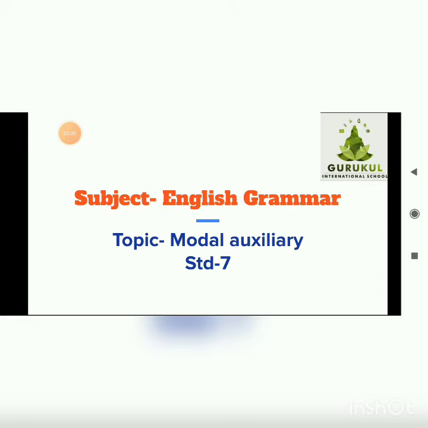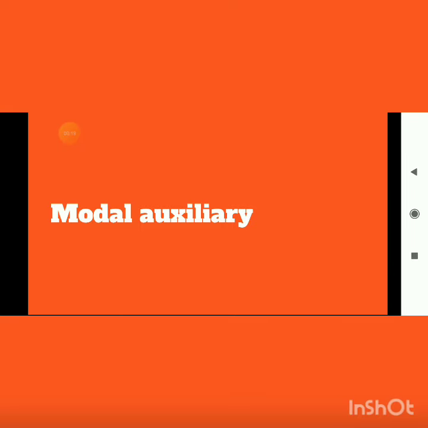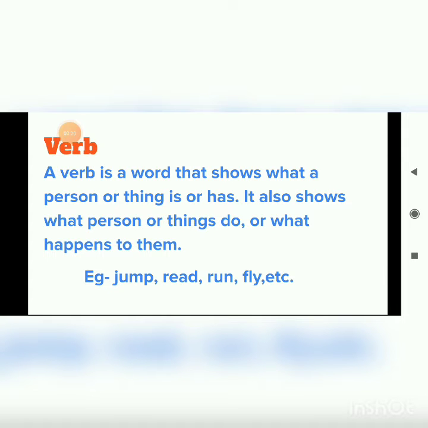Students, today in English, we will be learning a new topic that is modal auxiliary. Before understanding what exactly modal auxiliaries are, let us just go through what a verb is.